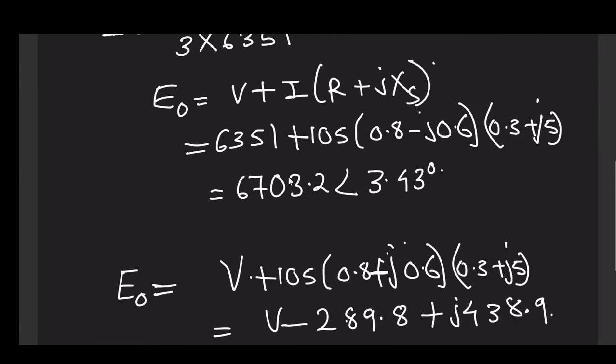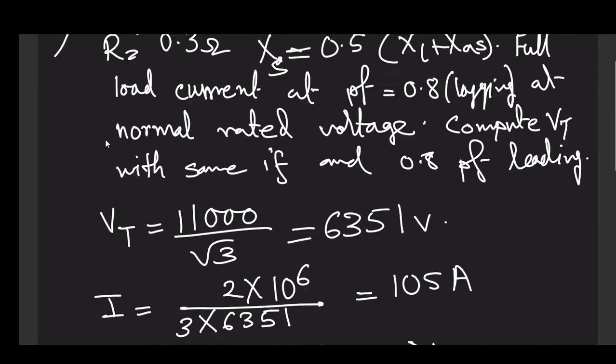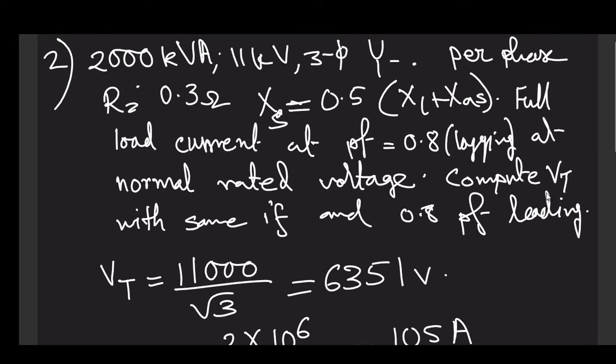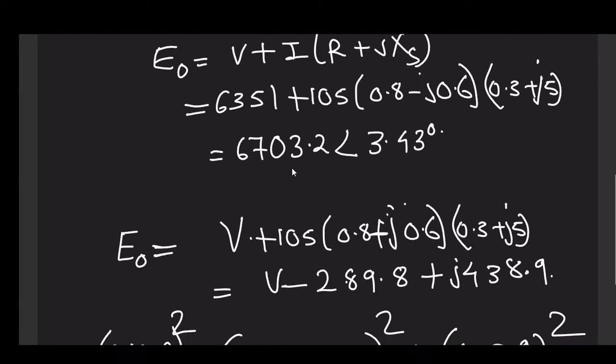Because in this problem it has mentioned that we have carried out with the same IF. So if IF remains same, then your E naught, do remember E naught is free from armature reaction.